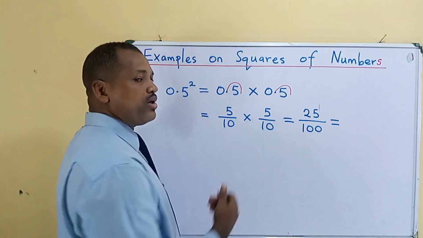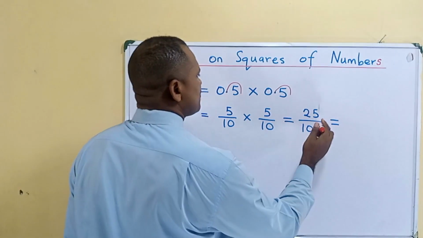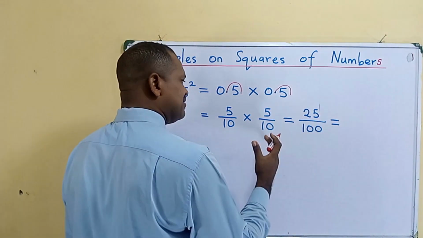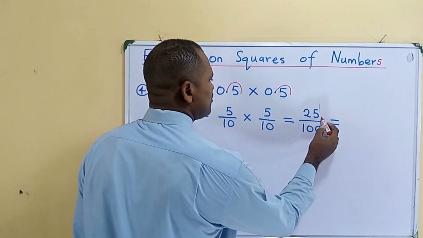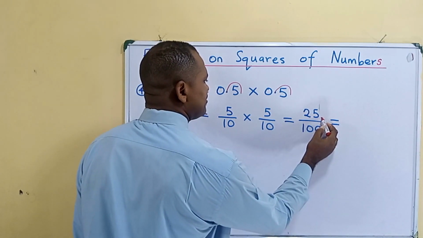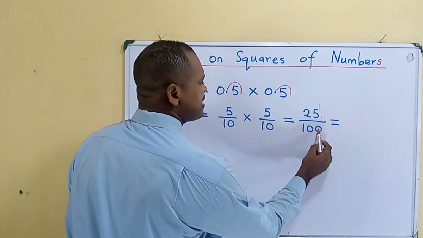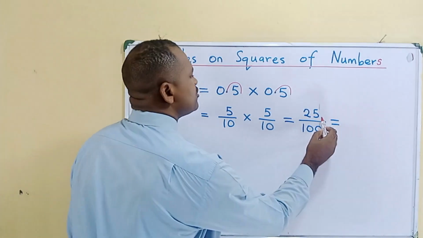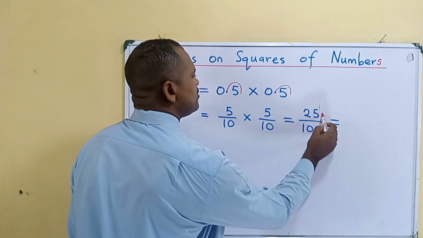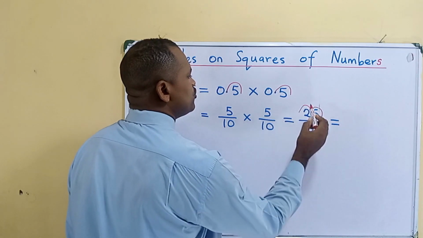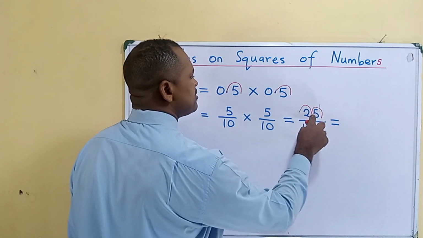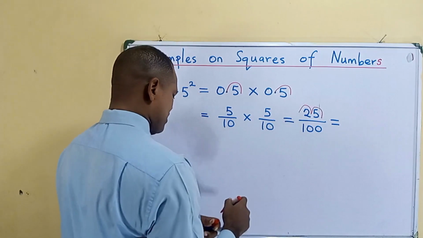If you're dividing by 100, since you are dividing, the decimal point now is here. So this is how many zeros? 2 zeros. So you do 1, 2. So the decimal point will now come here.